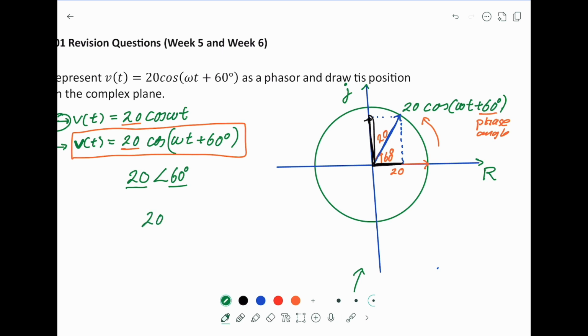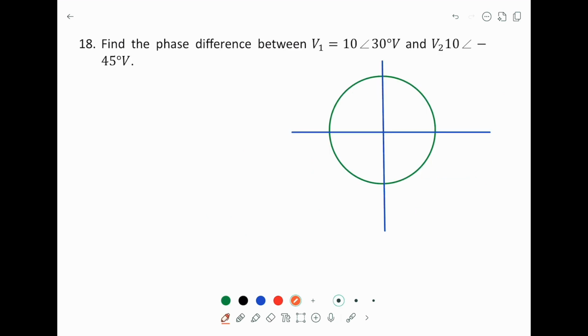20 cosine 60 degree, this is your real component, plus j 20 sine 60 degree, this is the imaginary component. The magnitude of V1 is 10 volts and the phase angle is positive 30 degree.